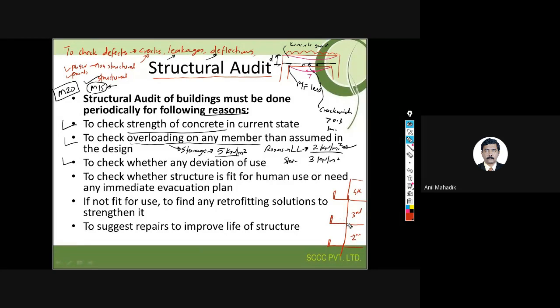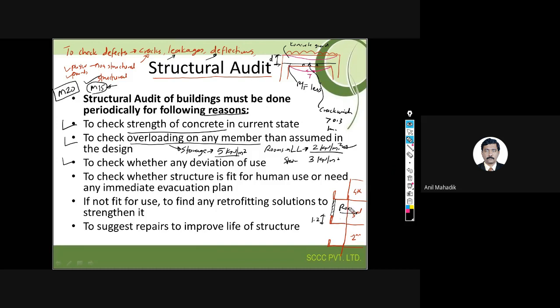Many times what happens, these balconies, people enclose the balconies. In the beginning, let's say 1.2 meter was the height of the wall for the balcony, and after we hand over the building to the society, the flat owner may enclose the balcony. So he's putting an additional wall over here, and he's using this balcony as a room.